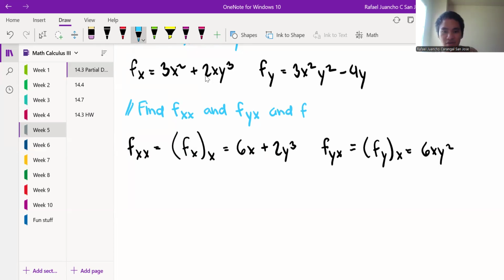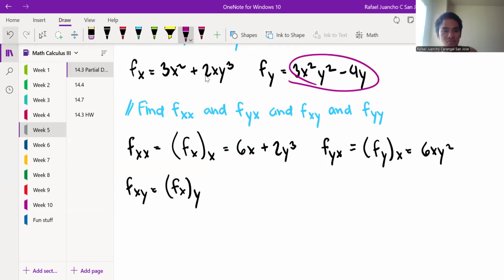And let's also find the other ones. So let's find the ones for y this time. So we can find for y, now we're differentiating again with respect to x and with respect to y. So let's quickly find those two. So here we're doing it with respect to x of this thing. Yeah, so there's 4 variations to this when we have 2 variables. So here I treat my x as a variable and my y as a number.